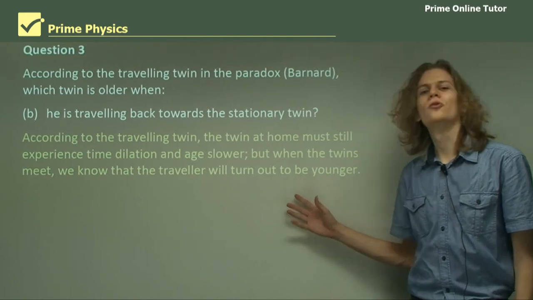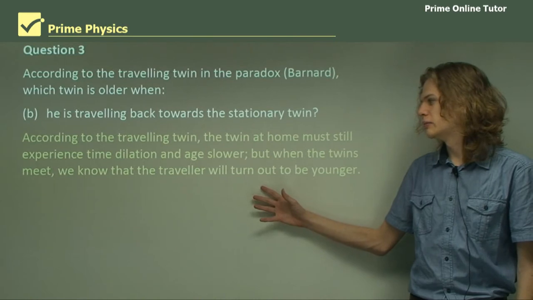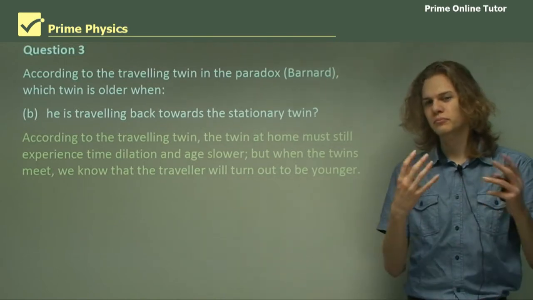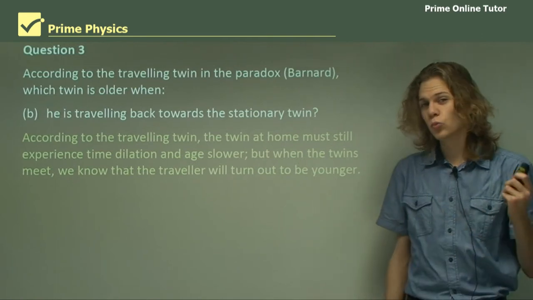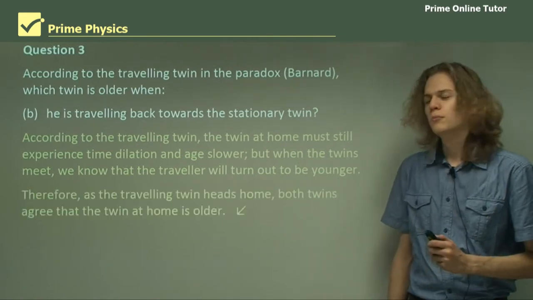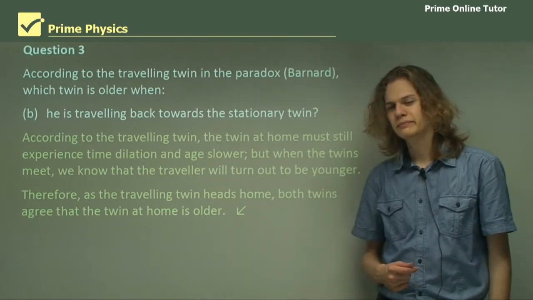But we also know that they have to end up older than the travelling twin, right? The travelling twin has to end up younger. So that means that when Barnard is travelling back towards Gaia, both of them will have to agree that Gaia is older than Barnard.